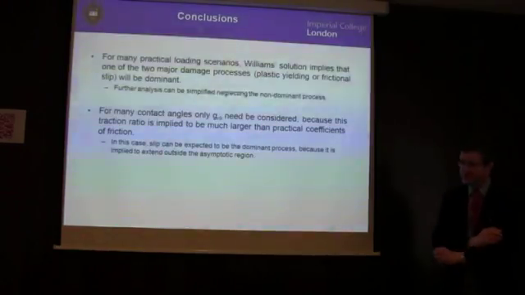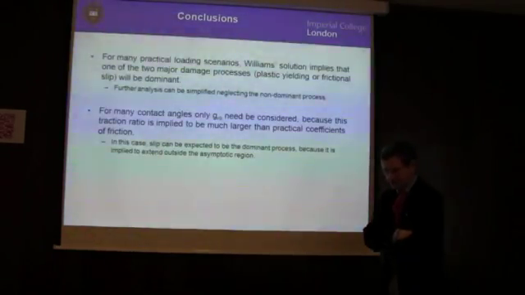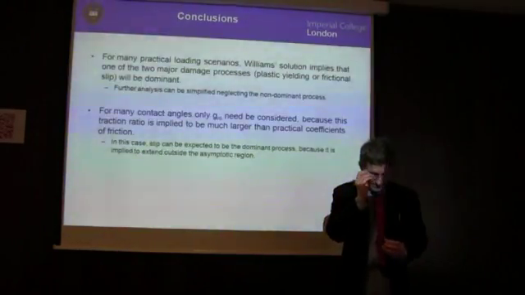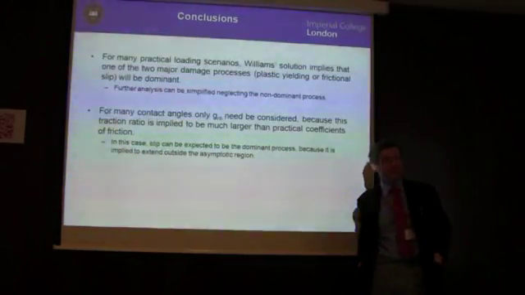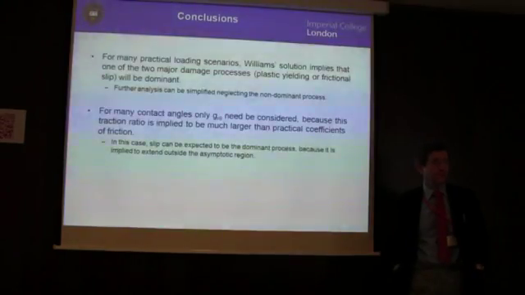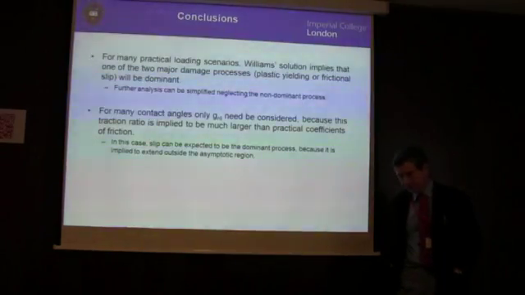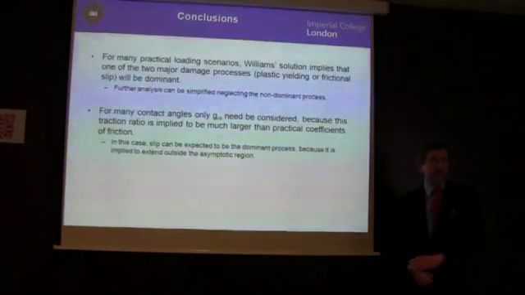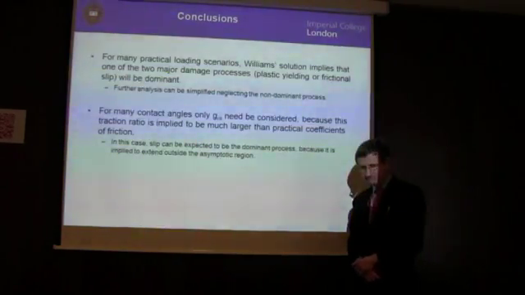And that's it. So what I really wanted to get over today was that when we re-look at Williams' solution in the way that I proposed, you can get quite a lot out of it. You can fish out of it the internal length scale that you can carry as a parameter in the calculations.